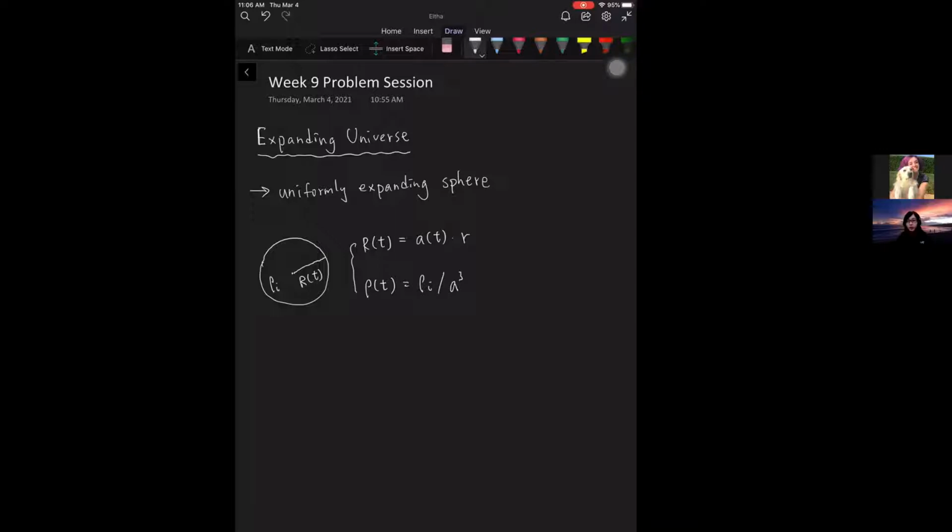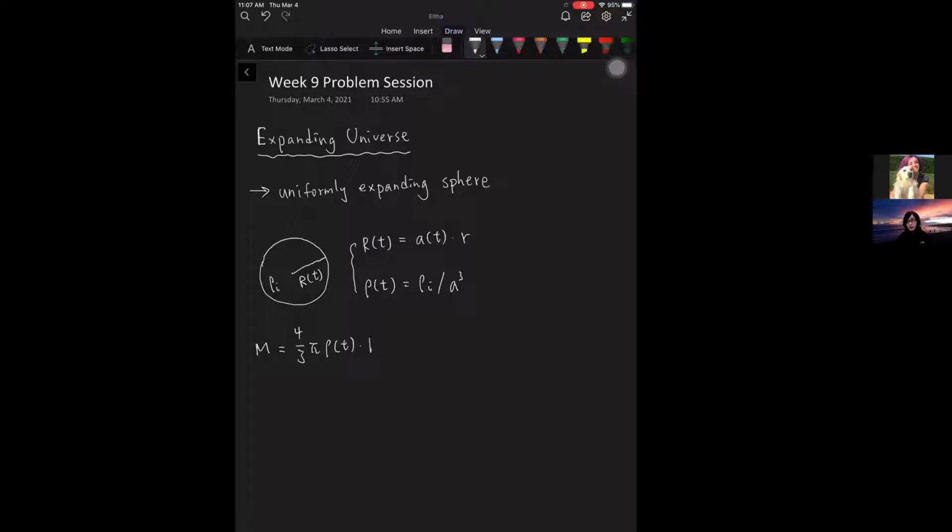All right, so with these two equations, we can estimate the mass of this expanding sphere. We know the mass can be written as 4/3 pi R cubed times the density, rho of t.